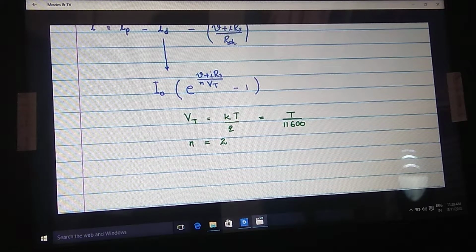Now, I naught itself, called the reverse saturation current, is also dependent on the material and the doping of the p and the n junctions. Not only that, I naught is dependent on temperature.